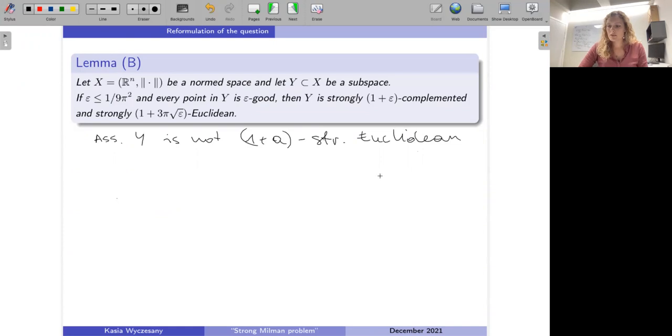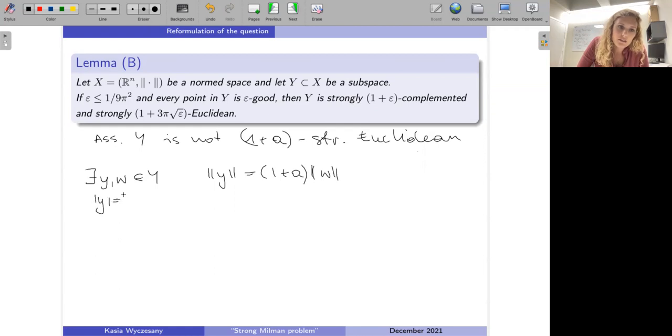So what does this mean? In particular, this means that there exist some vectors y and w in Y such that the norm of y is equal to 1 plus a times the norm of w. Okay, and we can assume that y and w are unit vectors in the L2 norm. So they are on the sphere.